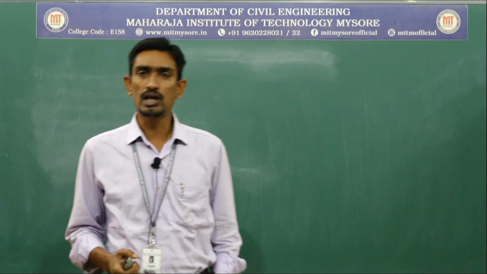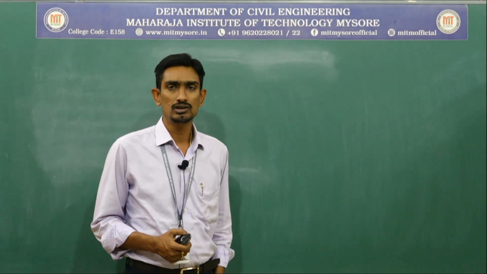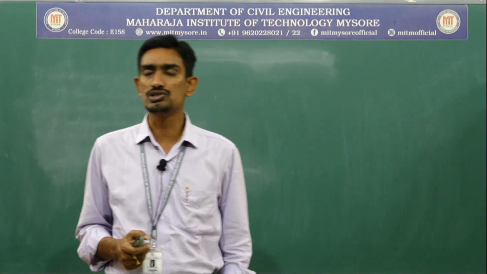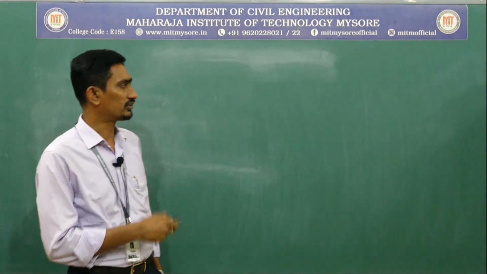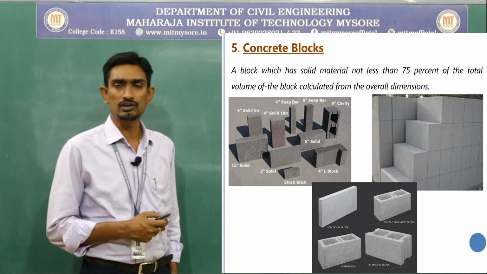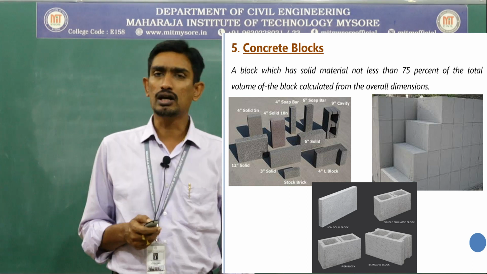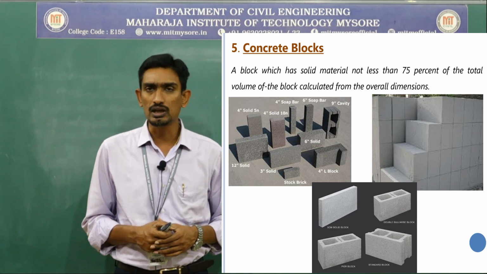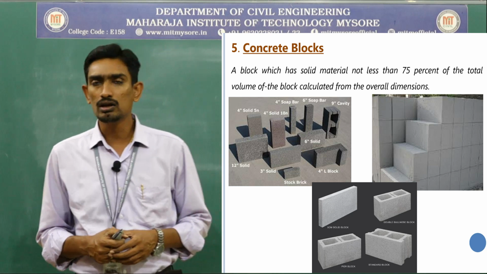In today's session, let me move on to the other building materials that are predominantly used in construction. The next building material is concrete blocks, and nowadays these are predominantly used in commercial and industrial buildings as a wall element.